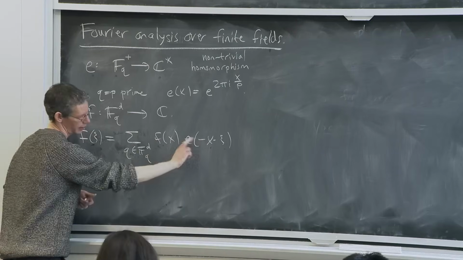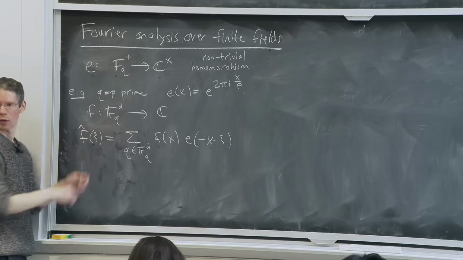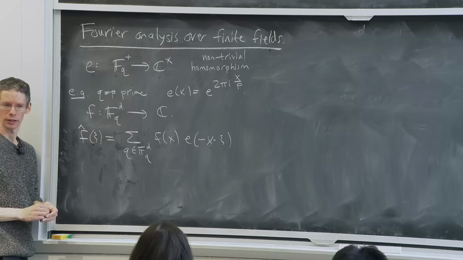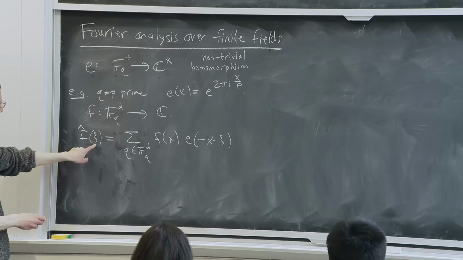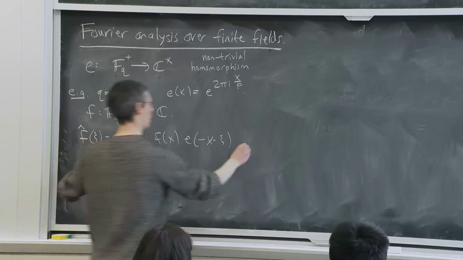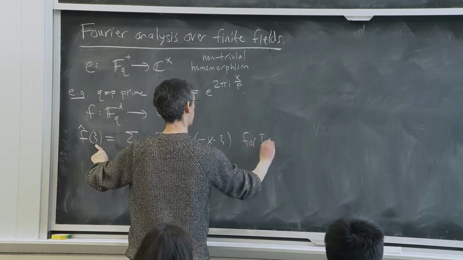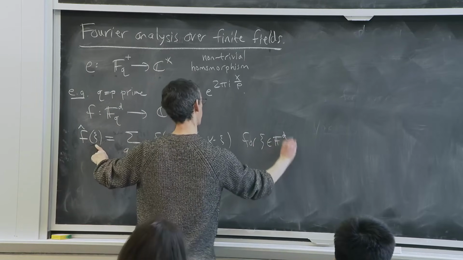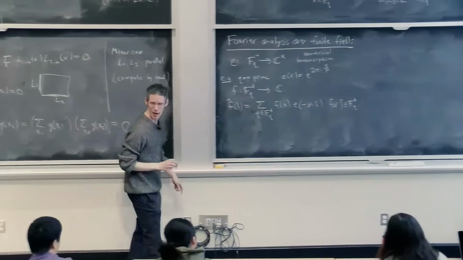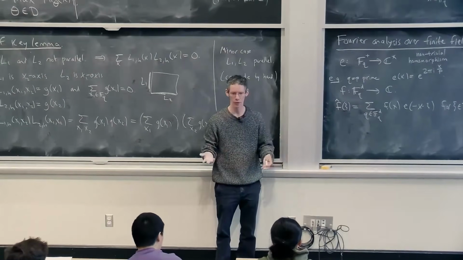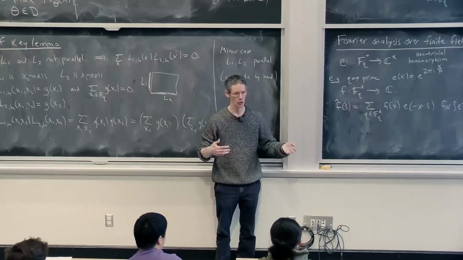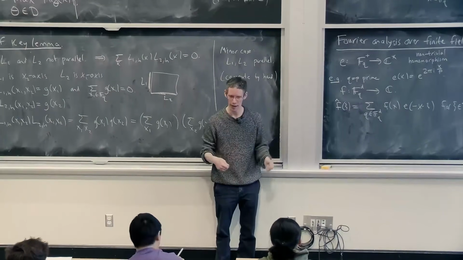It looks more or less like how it looks in Euclidean space. OK. So this xi also lives in FQ to the d. There are two main really fundamental theorems about Fourier transform. One of them is Fourier inversion, and the other one is Plancherel theorem, there's orthogonality.